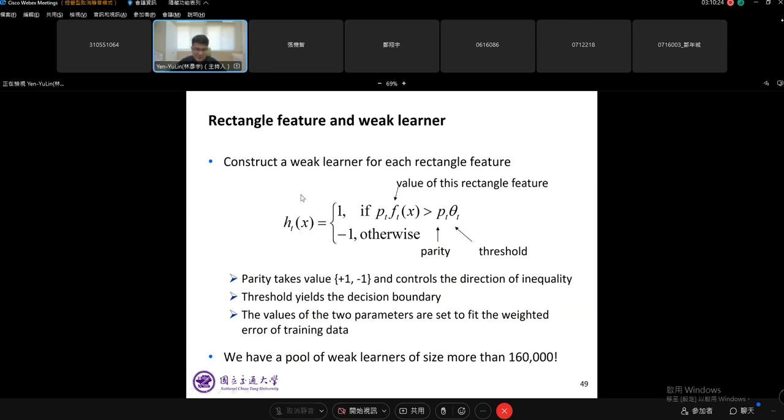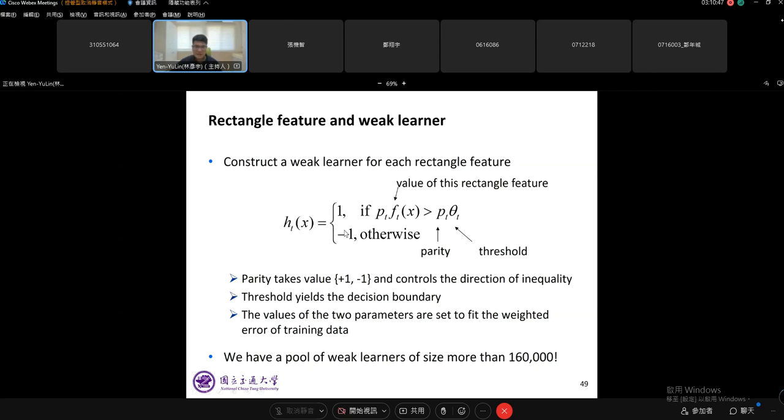We have so many candidates. Not all of them are useful, and not all of them are complementary to each other. In this situation, we can use AdaBoost to select the powerful and complementary weak learners from this huge pool.